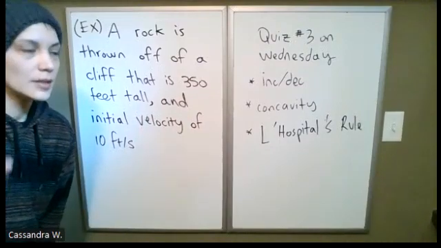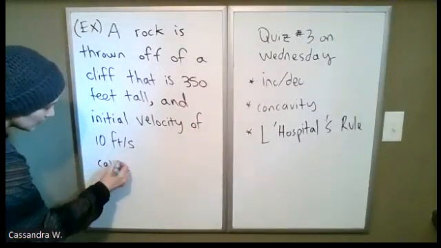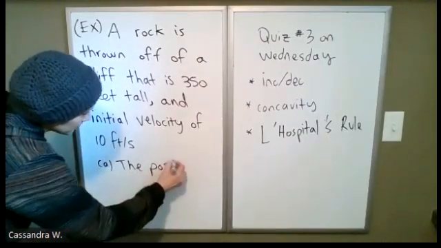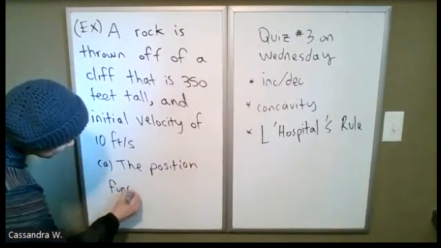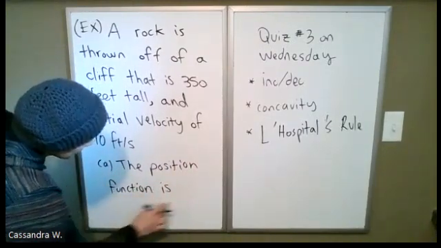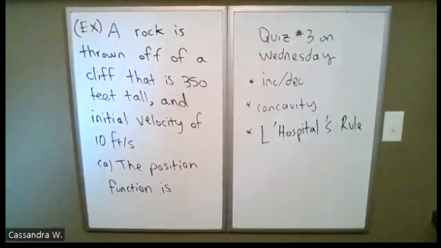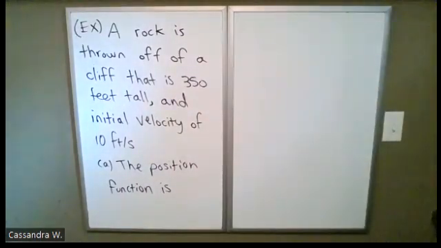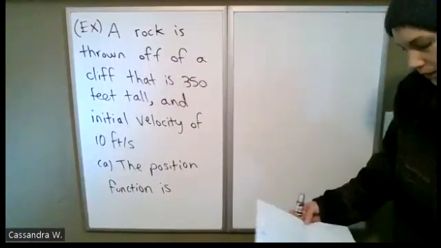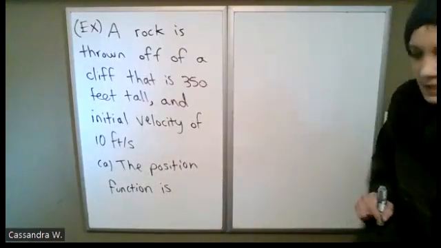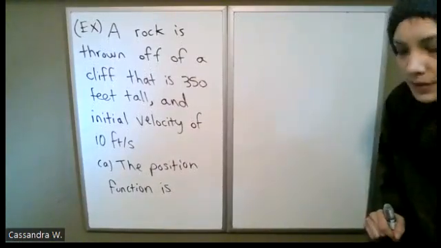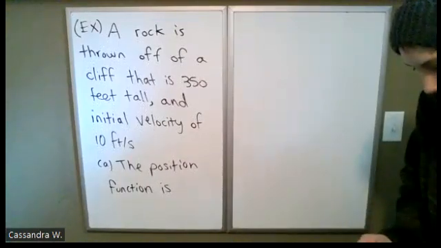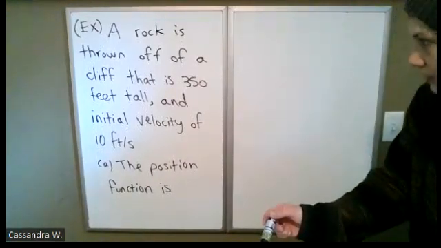And we already found the position function for part A. It was S of t equal to negative 16t squared plus 10t plus 350.